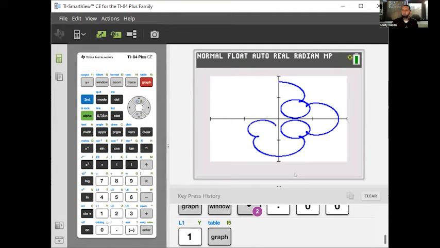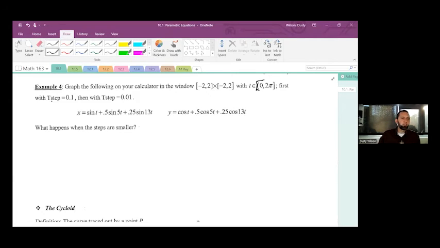You'll also notice that as I make my t-step smaller, it takes a lot longer for the graph to happen. So there's this balancing act between precision and speed, and you're having to decide depending upon the application that you're working on. The question asks, what happens when the steps are smaller?